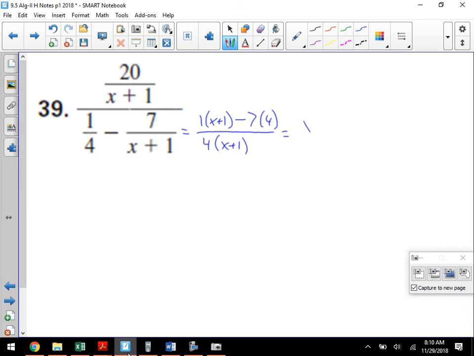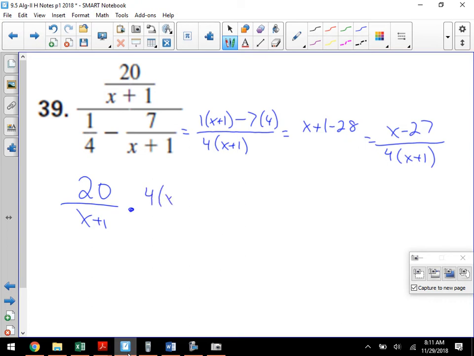So we get x plus 1 minus 28. So we get x minus 27 all over that. So now all we have to worry about is taking the 20 over the x plus 1. And then we're going to multiply by the reciprocal, which is 4 x plus 1 over x minus 27.